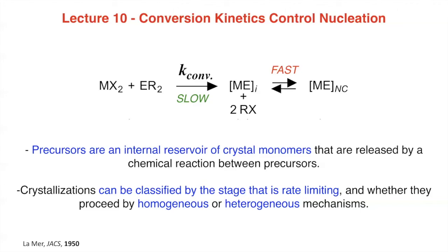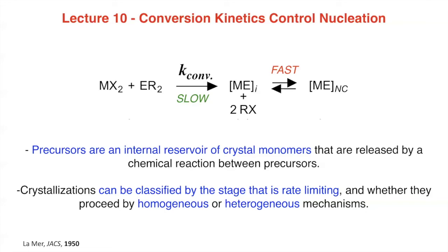Okay, and you can think about these two steps, the one labeled slow and then the ones labeled fast. These are like separate phases of the reaction. The first phase can operate independently of the second phase. This reaction between these molecules is kind of like a reserve or reservoir of crystal monomers that has to be released by breakdown of the ER bonds, okay?